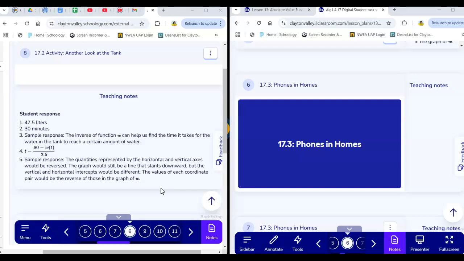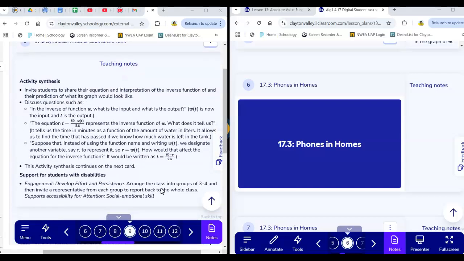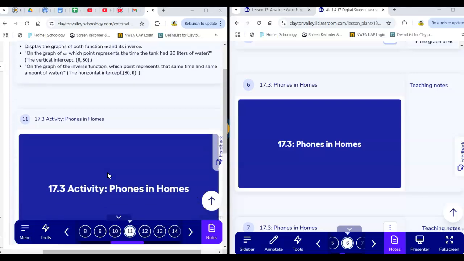Okay, and you are using the answers to check yourself rather than just fill in the blanks, because you don't learn anything that way. Alrighty, so let's move on. Here's the activity synthesis. So this slide will go over exactly what you should have gotten out of that particular activity.